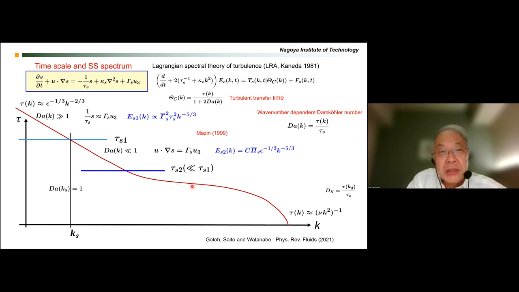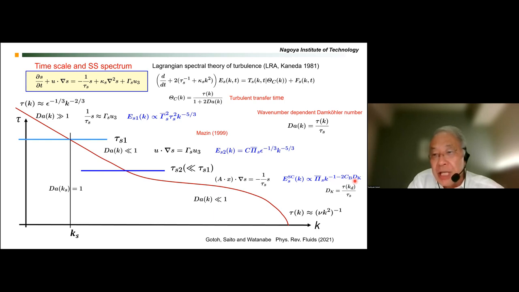Around here, the velocity field can be approximated by the locally linear field of velocity coordinates. So u is approximated by a linear function of x. And this convective term balances with the relaxation. The result is the modified Batchelor spectrum.